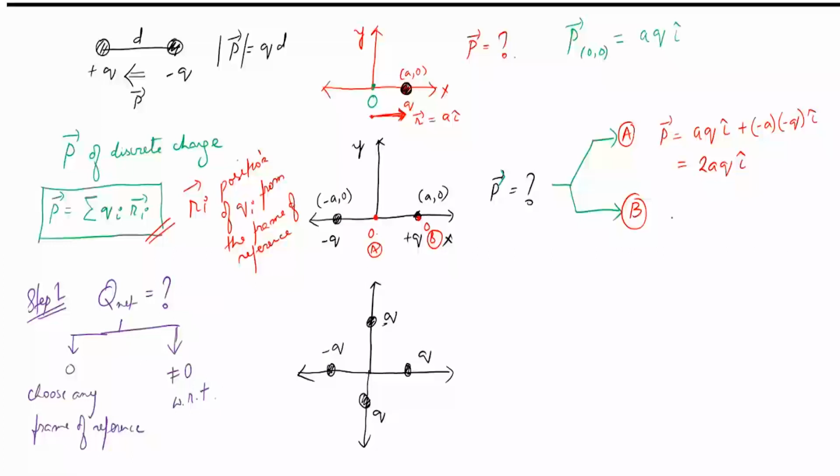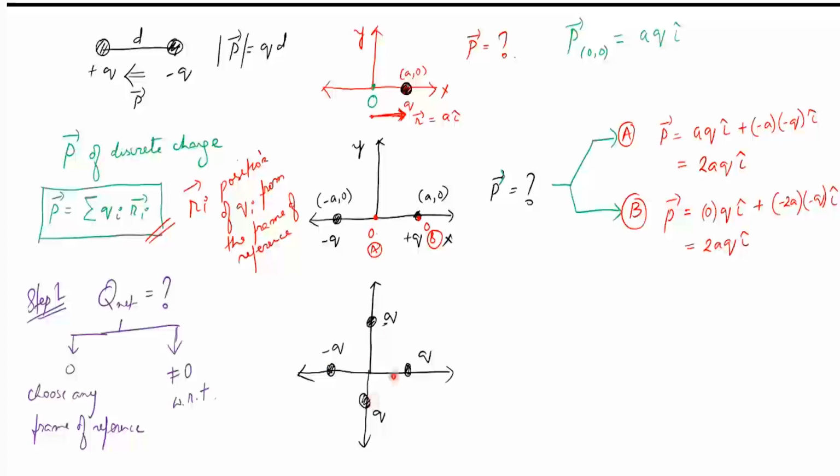So, P is equal to 0 into Q I cap plus minus 2A into minus Q I cap. What is the answer? 2AQ I cap. Both are giving the same answer. So this confirms that if the net charge is 0, you can take any point as your reference point.